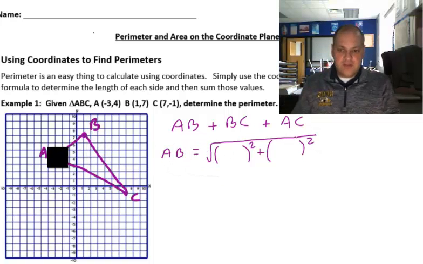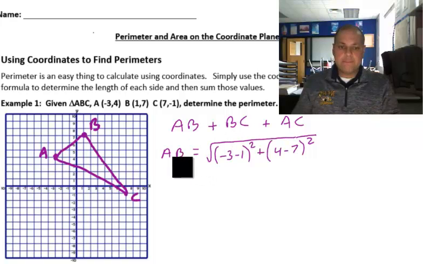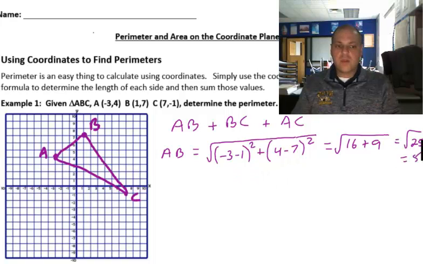All right, so AB is going to be negative 3 minus 1 squared, plus 4 minus 7 squared. That's going to be negative 4, and negative 4 squared is 16. And then negative 3 squared is 9. So this is going to be the square root of 25, which is 5.